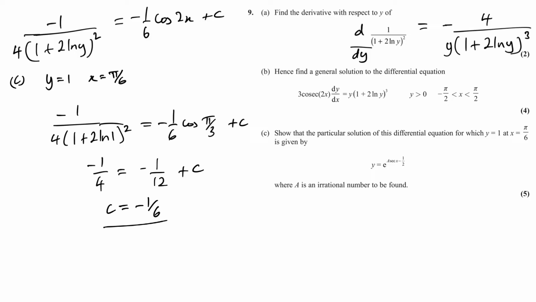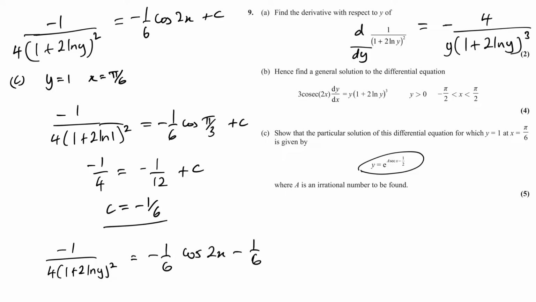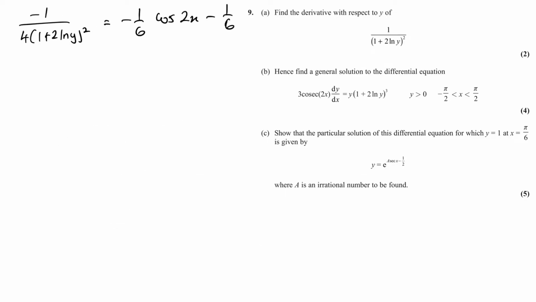So at this point, I should really put this back into the original. So we get our value of c here. Like so. But now we need to get it in this form, isn't it? So this is now all about a bit of manipulation. So just follow my steps here.